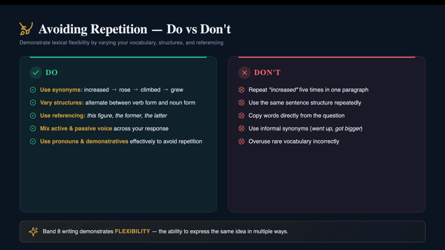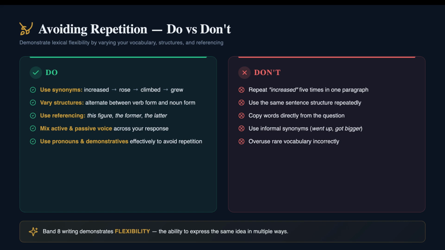You can say went up, rose, increased, and there are many more advanced synonyms. Overusing rare vocabulary incorrectly. Again, some candidates try to use strange vocabulary they're not familiar with, where they're not sure how to use it, but they try to show off, and that is the danger, right?